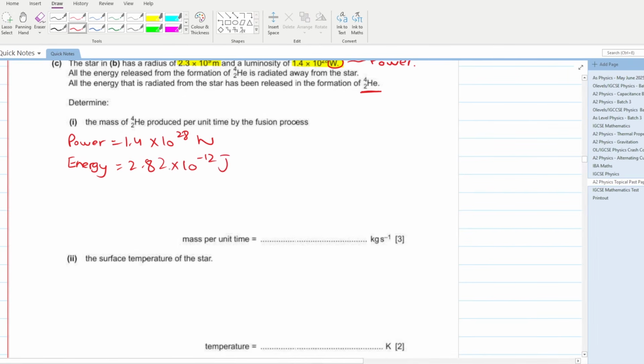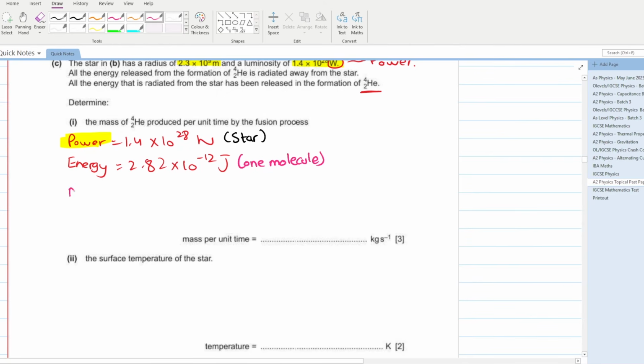Now understand a bit. This is the power of the complete star, and this is the energy due to one helium nucleus.